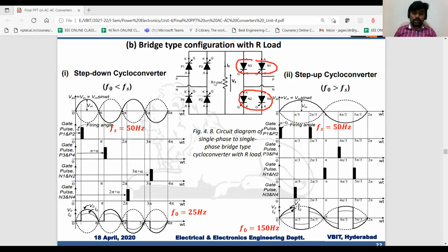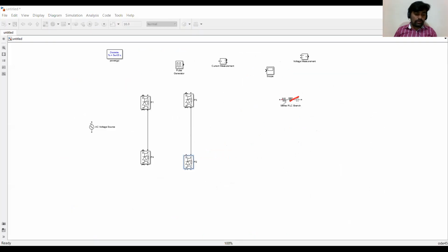So let me go to the untitled block and take them. So now it is N1, N2, N3, and N4. N3, N1, N2, N4. Right.